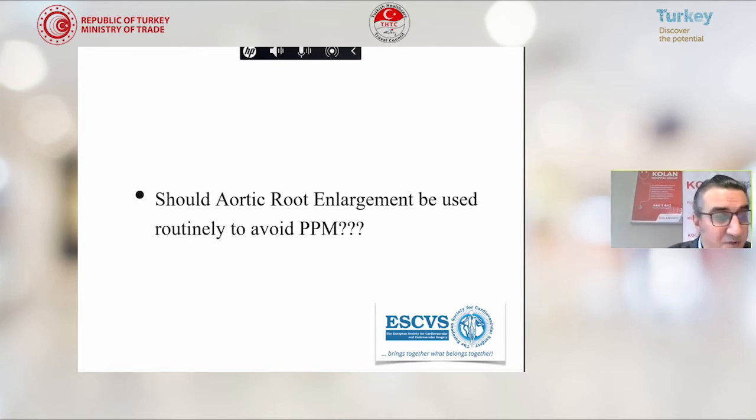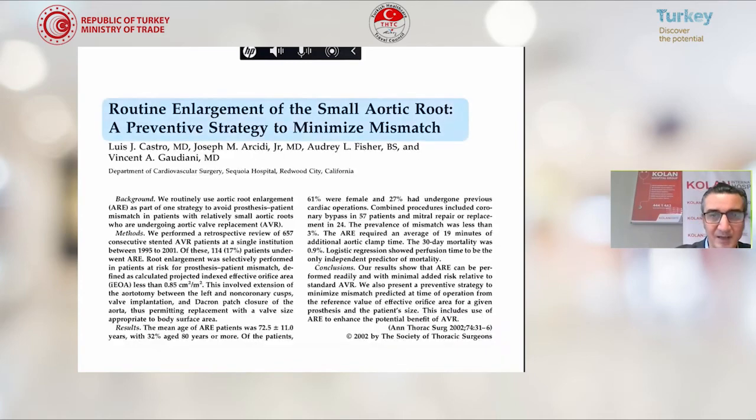There are different options regarding aortic root enlargement to avoid PPM. Many groups have reported excellent results using root enlargement. In this paper, more than 100 patients who had aortic root enlargement were investigated, and they concluded that to avoid patient prosthesis mismatch in patients with a small aortic root, aortic root enlargement can be performed with minimal added risk.